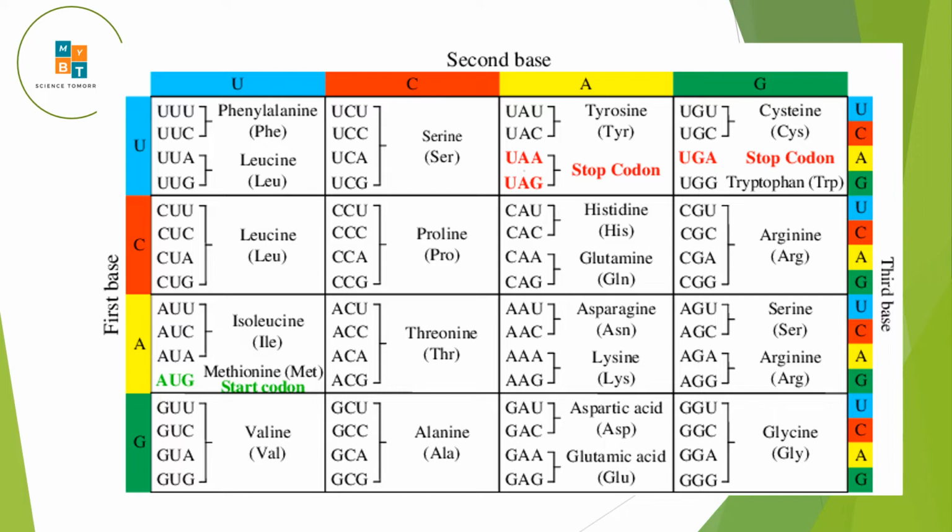Every protein synthesis starts with methionine, that is AUG, and UAA, UAG and UGA are considered stop codons. When you take these 64 codons, there are 4-5 codons which give the same amino acid, because we have only 20 amino acids.